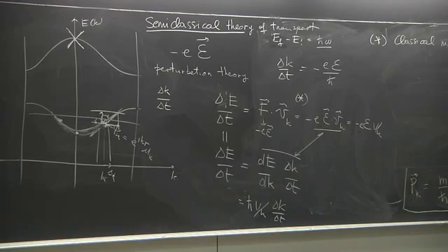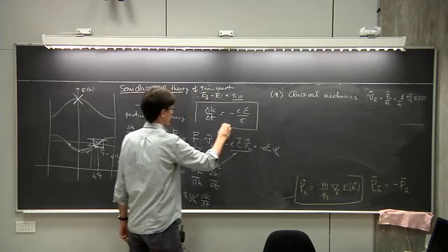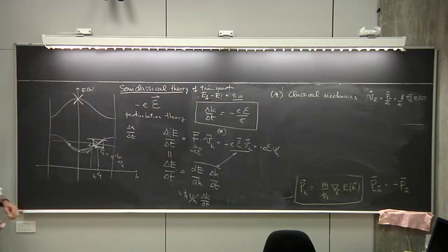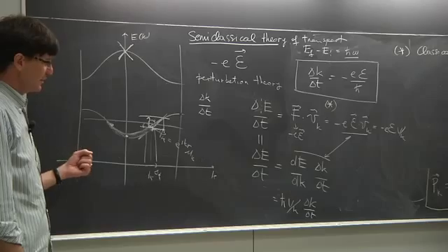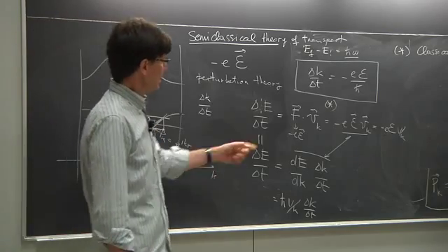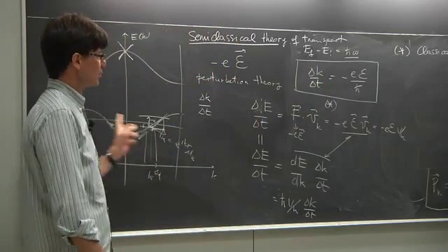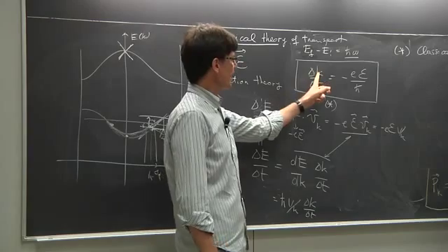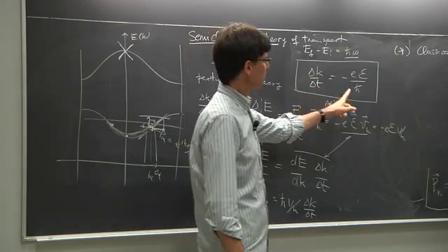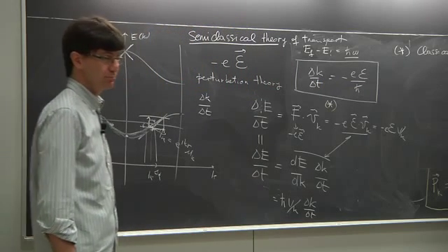All right? So in other words, I have an external field that is forcing changes in my system. The electron will move in my band structure with a rate of change of k, which is equal to the external force divided by h bar.